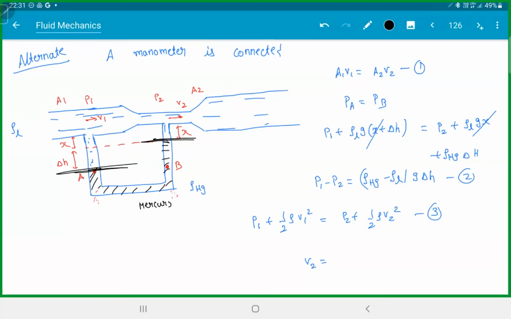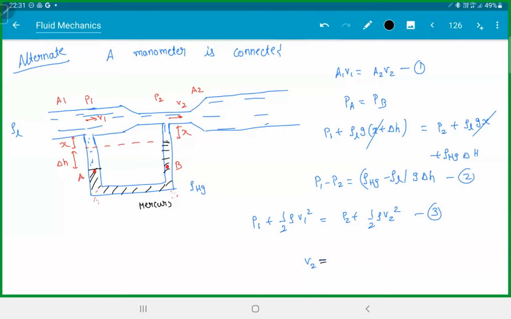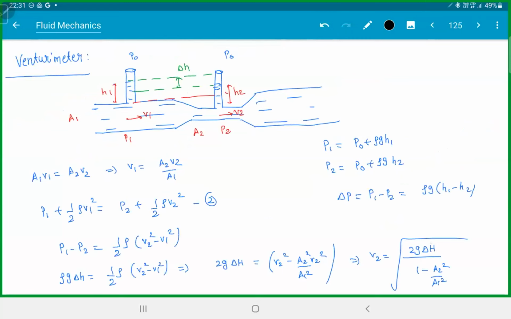Let's say some sensor is there, and that will give you the voltage difference, which will tell you the difference in height. Once you get delta H, from there I can find V2. Once I know V2, A2 V2 will be the volume per second. I'll know how much volume is flowing every second. Multiply into time, then I'll get how much volume flowed. Because V2 depends only on delta H, and this delta H you can measure.